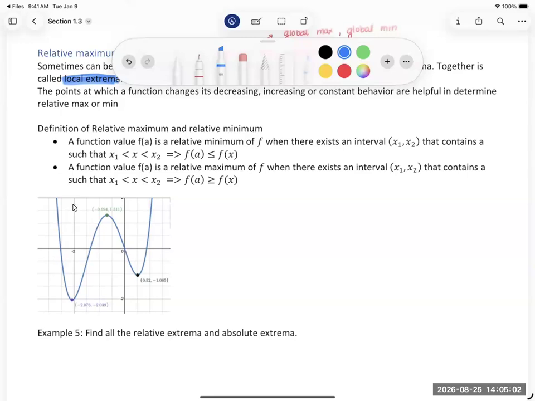So in this graph, if you notice, the graph can be divided into a couple of pieces, right? If I draw along the graph from left to right, it looks like I start from this point and keep dropping to this point. So the graph is decreasing down here until the x value of negative 2.076.